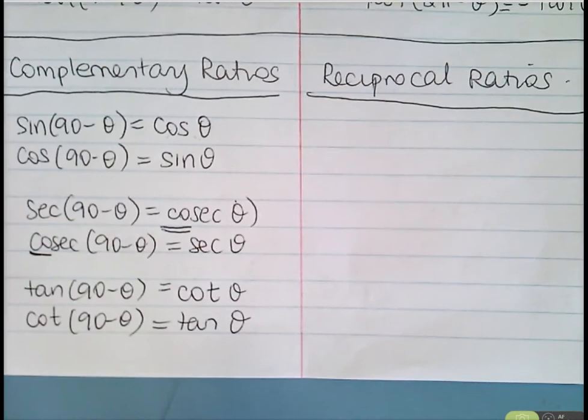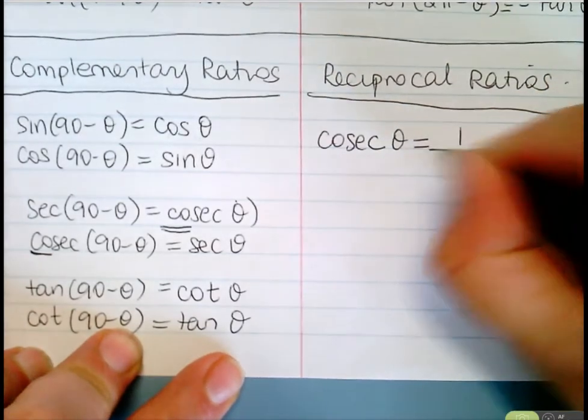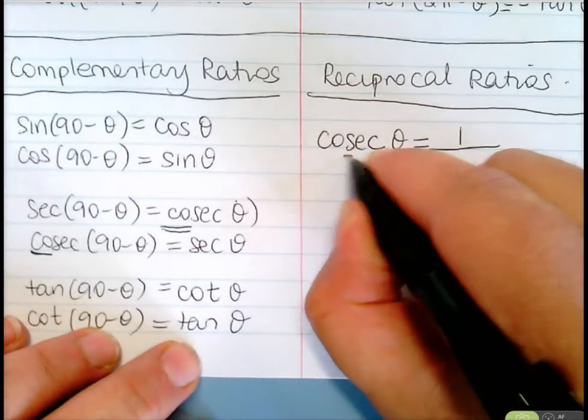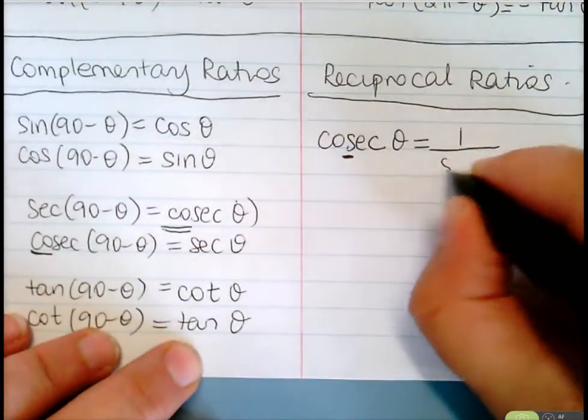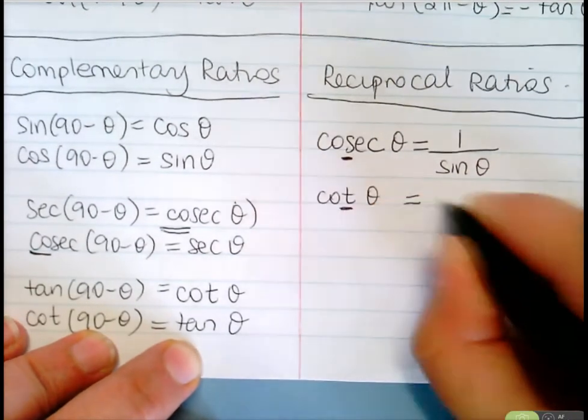The other ratios are the reciprocal ratios, and they are cosec theta is 1 over which one, and how do you remember? It's the third letter. 1 over sine. Cot theta is 1 over the third letter.